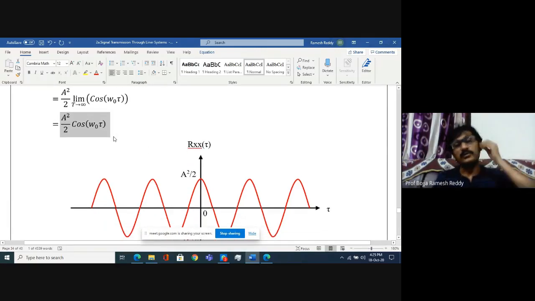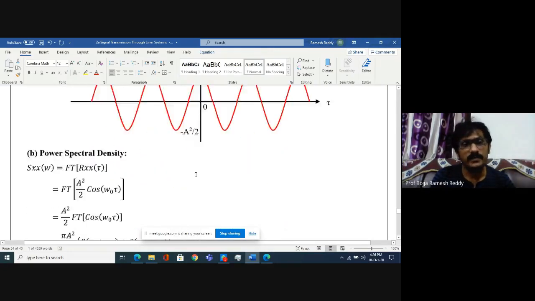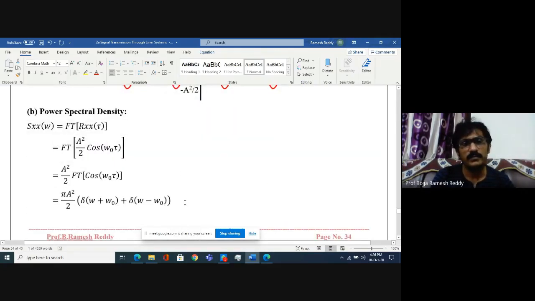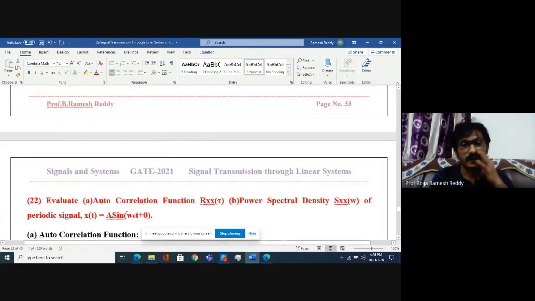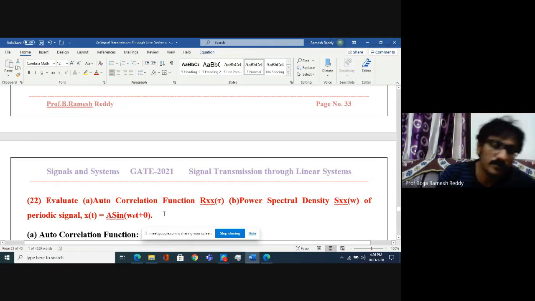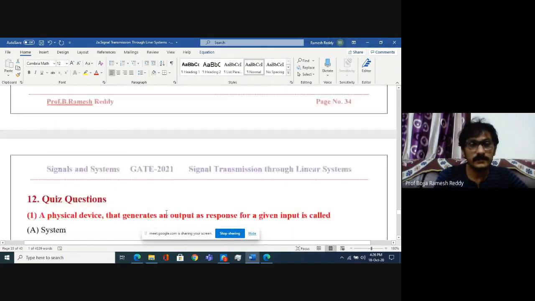For sinusoidal signals, sine or cos, the autocorrelation is the same, A square by 2 cos omega naught tau, and theta is also a dummy variable. The result does not depend on the theta value. If it is the same, then the power spectrum is also the same. So for A sin omega naught t plus theta or A cos omega naught t plus theta, the spectral density is the same.